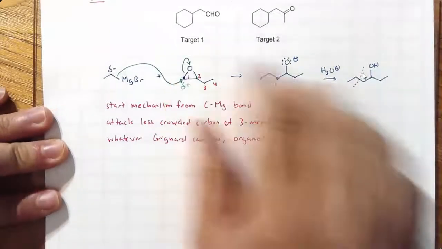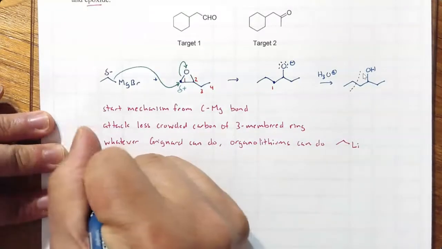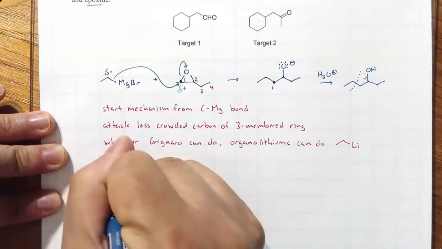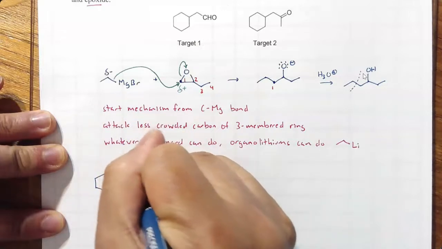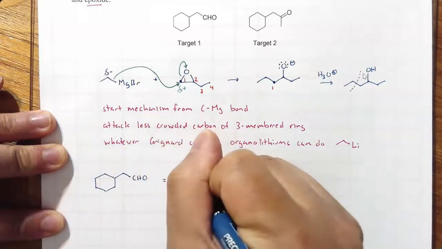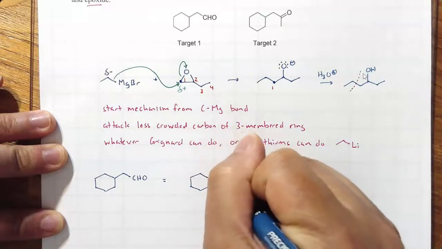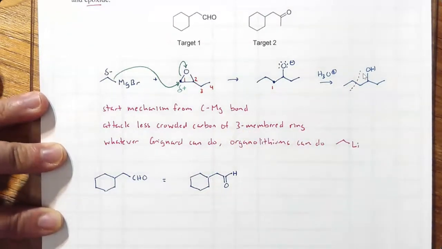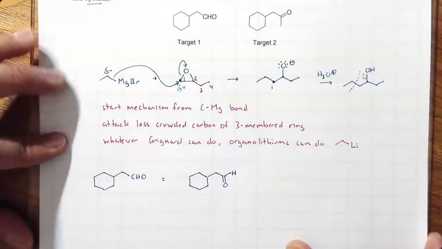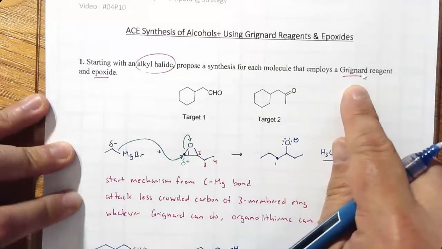Let's look at target number 1. So target number 1, that CHO group, you have to remember, is an abbreviation, or the condensed structure, for an aldehyde. So that is the same as this. I like to draw the H, you don't have to. Well, I thought using a Grignard would give us an alcohol.